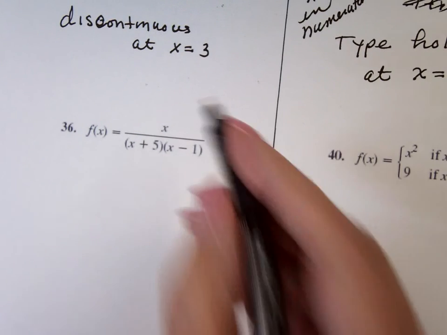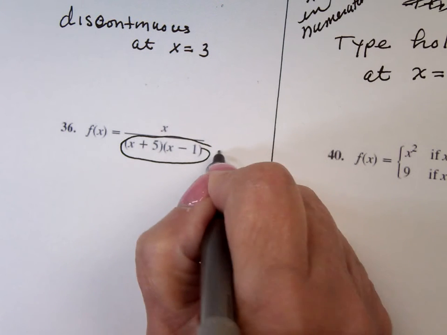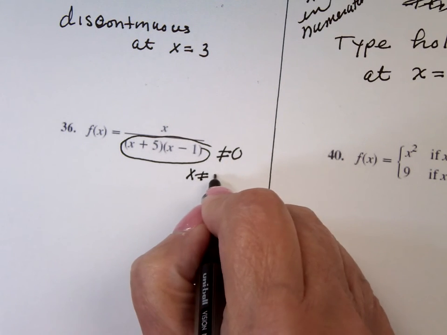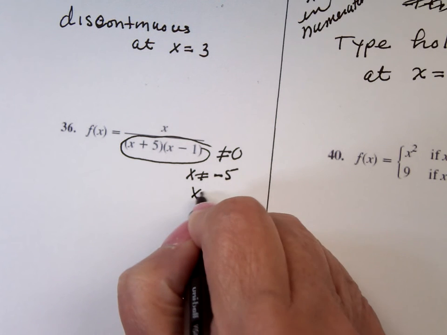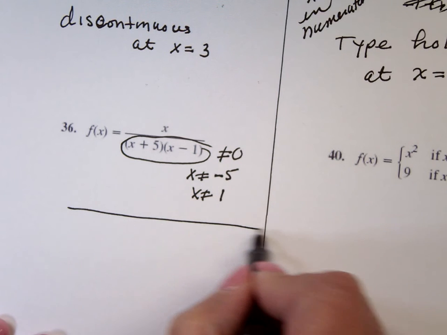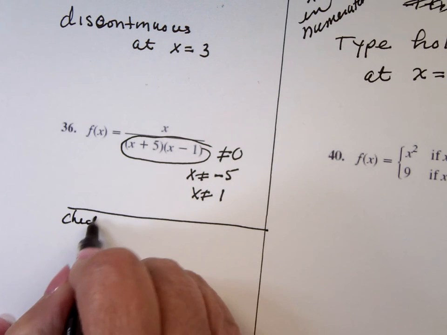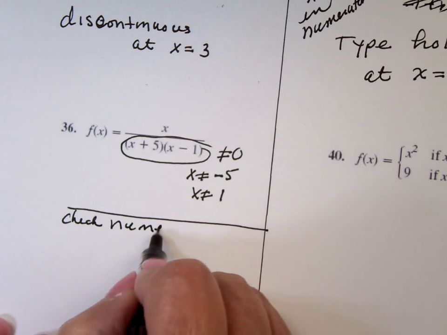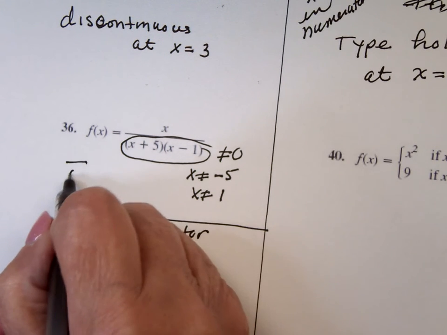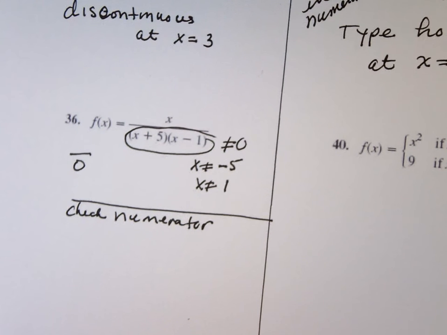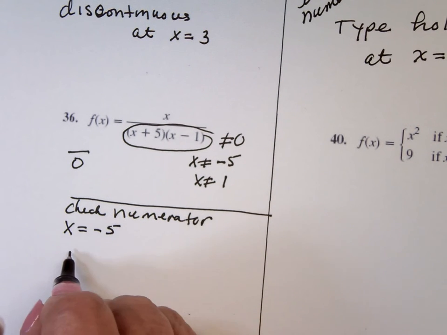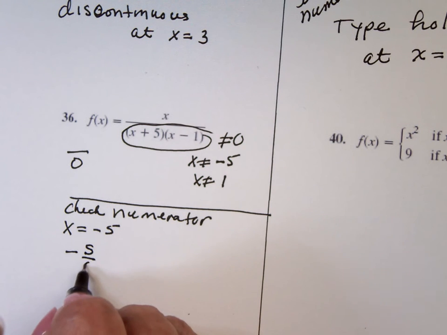Well, again, I've got a denominator. This can't be 0. So x can't be negative 5. X can't be positive 1. So I need to check the numerator. So I clearly have a 0 in the denominator. So if x equals negative 5, I get negative 5 divided by 0.